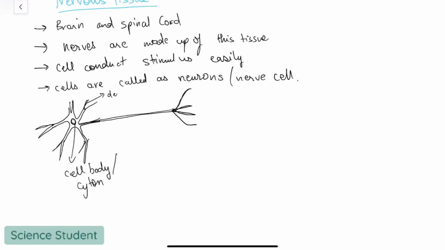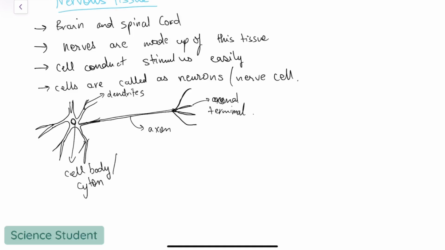These are the dendrites which gain the message. This is called axon, and these are the axonal terminal.